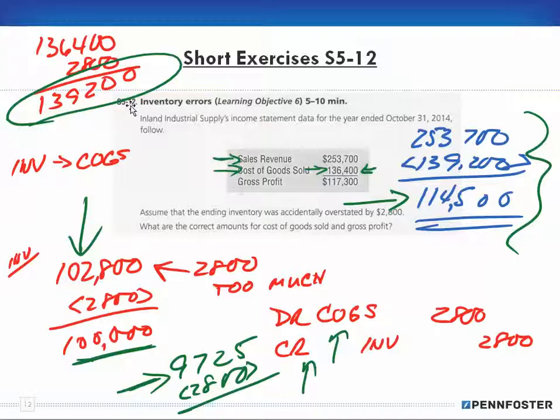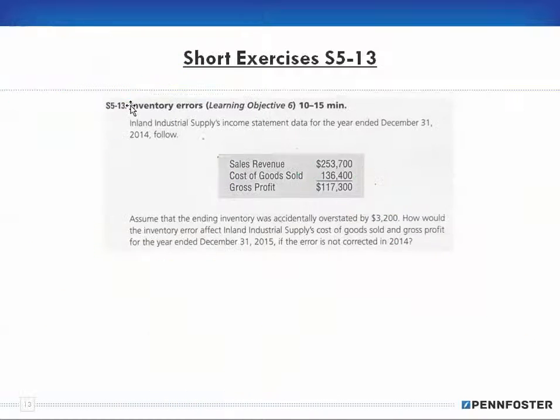If we're overstated by $3,200, and this here is at the end of 2014, this isn't corrected. All that we're doing is just the ending balances from 2014 become the beginning balances for 2015.